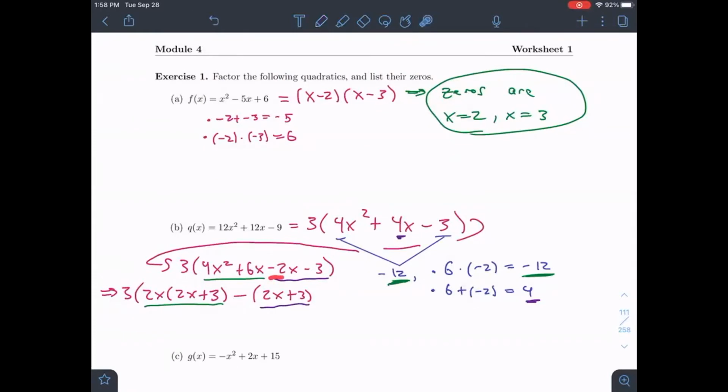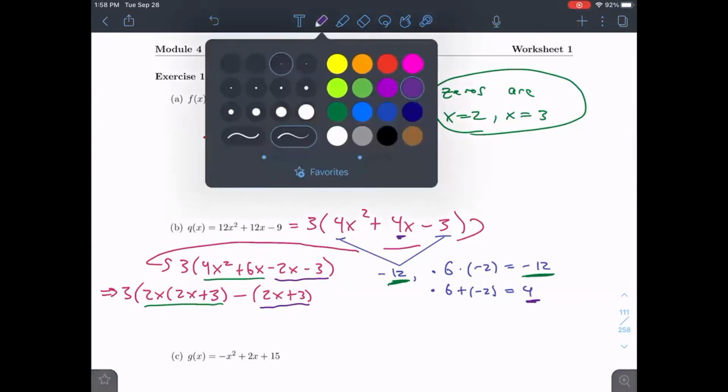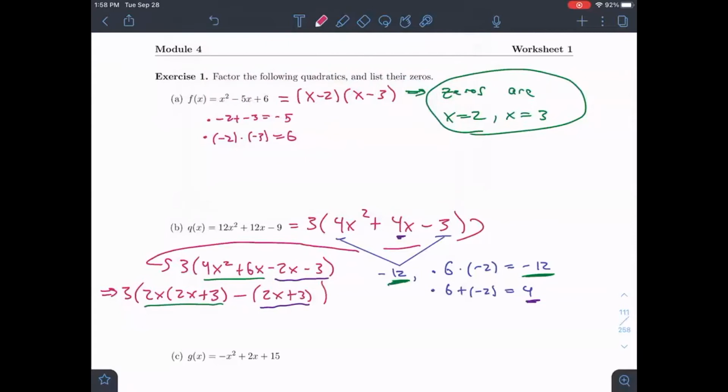We just factor out a negative 1 from these terms. Okay, so again, we have a common term of 2x plus 3. So we have a 2x times 2x plus 3, and then a minus 1 times 2x plus 3. So this is going to be equal to 3 times 2x minus 1, and then times 2x plus 3, just as we were doing before.